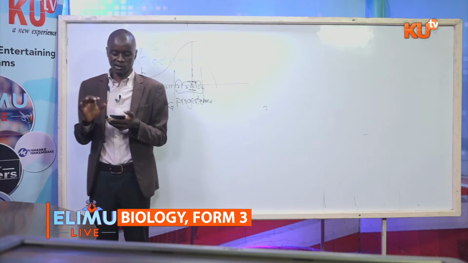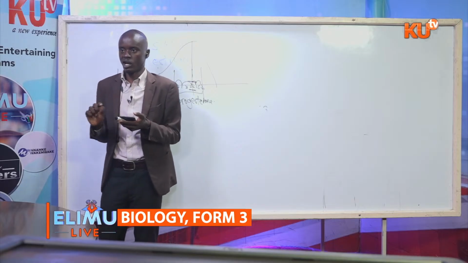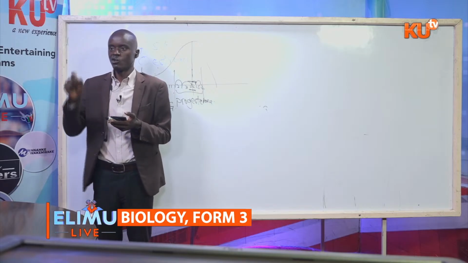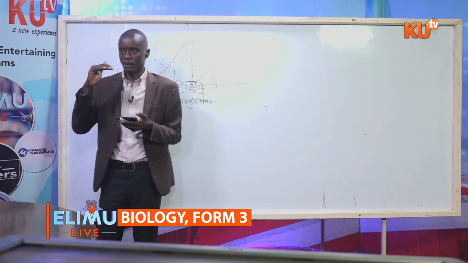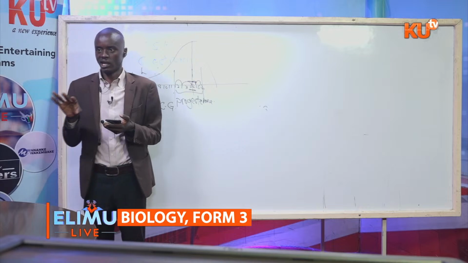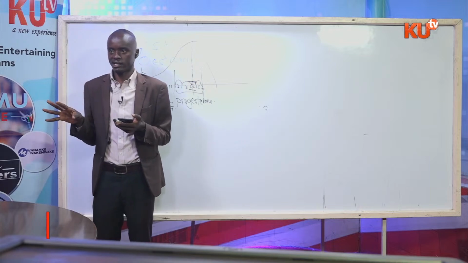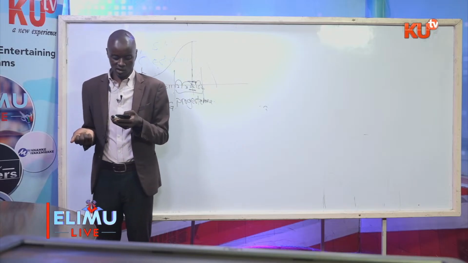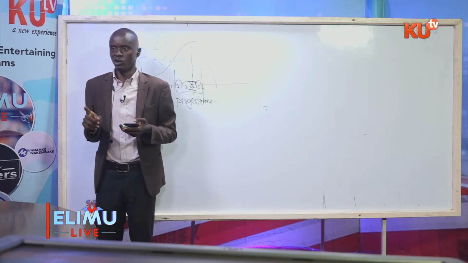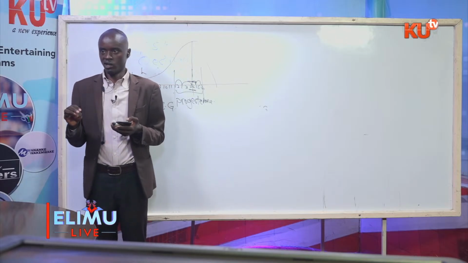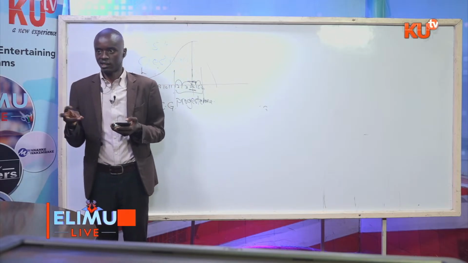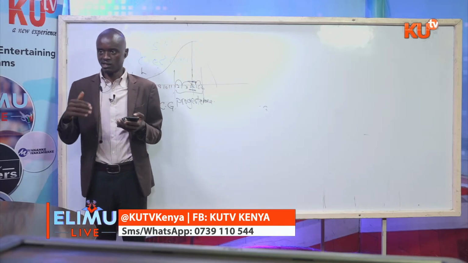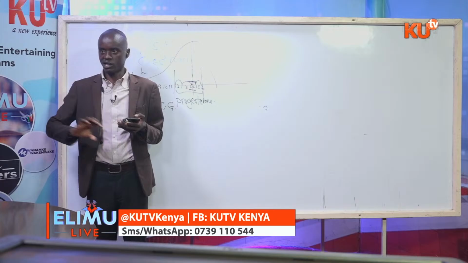And therefore, this human gonadotrophic hormone is used to confirm pregnancy during a pregnancy test. Because when fertilization occurs, the hormone will be released into the blood and it is passed through the urine.